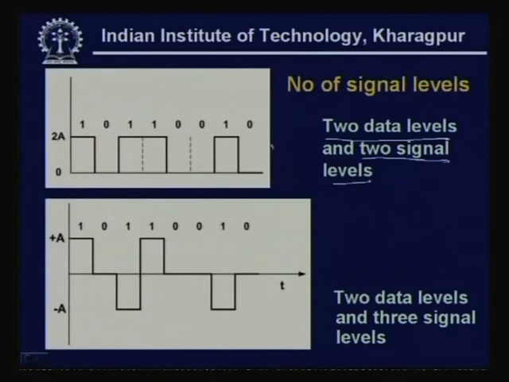This is an example, and in another one at the bottom, as you can see, you can have 2 data levels, 1 0 1 0. It is binary data, but it has 3 signal levels: plus A, 0, minus A, that means positive voltage, 0 voltage and negative voltage. These are the three levels used here for the purpose of encoding.